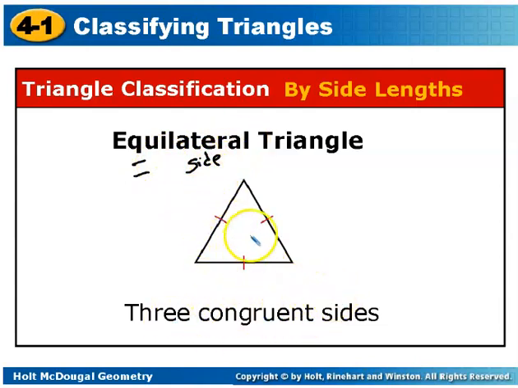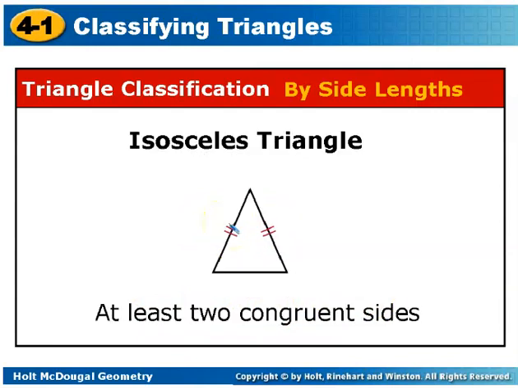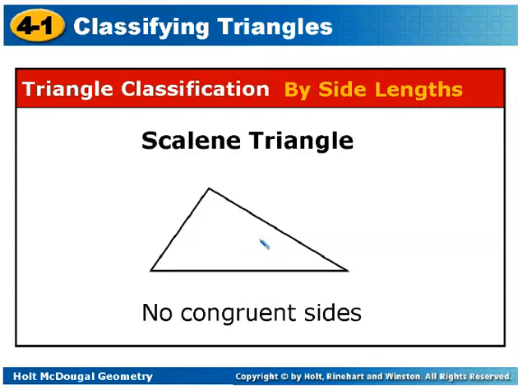Notice they are marked with these single tick marks, so all those are equal. We can also have what's called an isosceles triangle if two sides are the same. This time I'm showing you could mark it with two tick marks. It just needs to be the same number to show that they are congruent. In a scalene triangle, notice there's nothing marked, meaning there are no congruent sides.